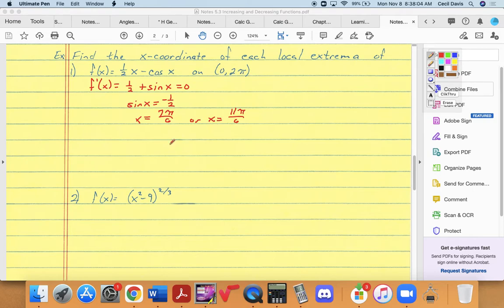All right, so we're going to look at a number line for this, but we're only going to look between 0 and 2 pi. So I'm not going to put arrows on the ends of this. 11 pi over 6 is almost to 2 pi, and 7 pi over 6 is more than halfway.